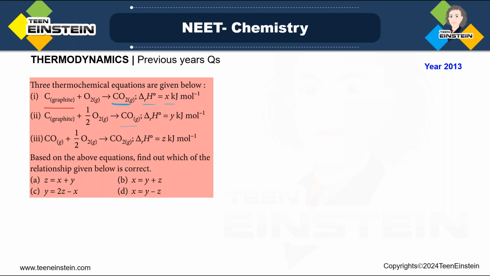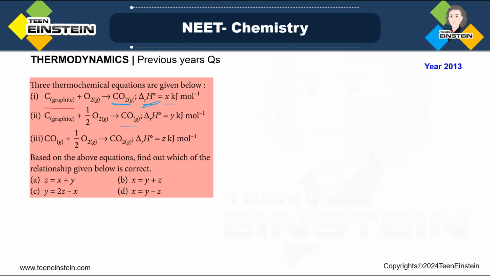Now from Hess's law, we can say that these three equations you can arrange in such a way that you get 3 by adding the other two, or you get 2 by subtracting 1 from 3, or 3 from 1. Whatever it is, accordingly you can add delta H naught for all these reactions. That is Hess's law. Based on this, you have to find which relationship is correct.